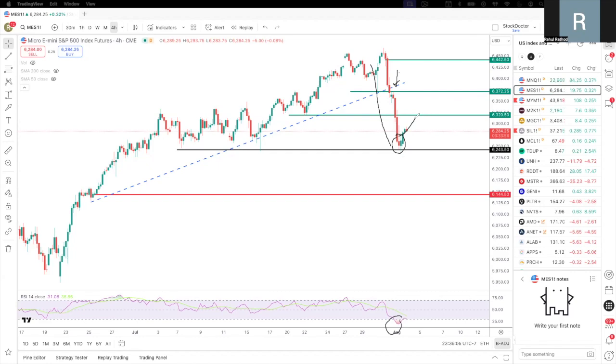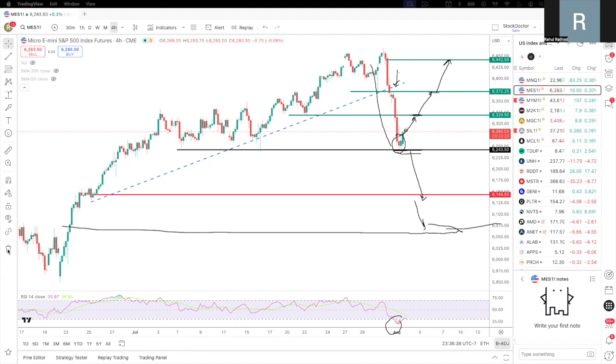There is a possibility that it can go to 6320. If it stays above 6320, then 6370 and 6440. These are the upside levels. But if it doesn't sustain 6240, then I'm seeing a first drop around 6140 and a second drop around 6075. So these are the levels for the S&P 500.